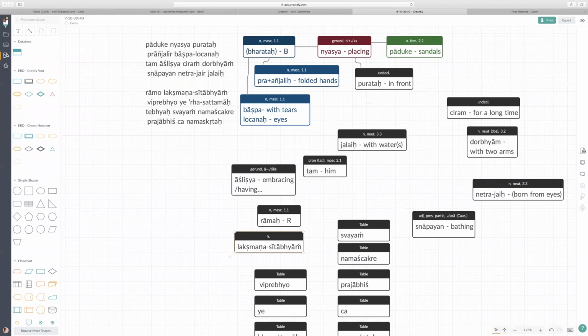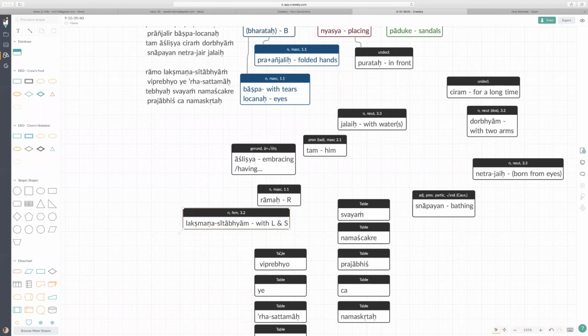Sita Bhyam, so masculine and feminine. Feminine, yeah, 3.2. Sitabhyam. And again, how do we translate it? With, like Sahartha. With Lakshmana and Sita. Sahartha, yeah. Together with, okay?